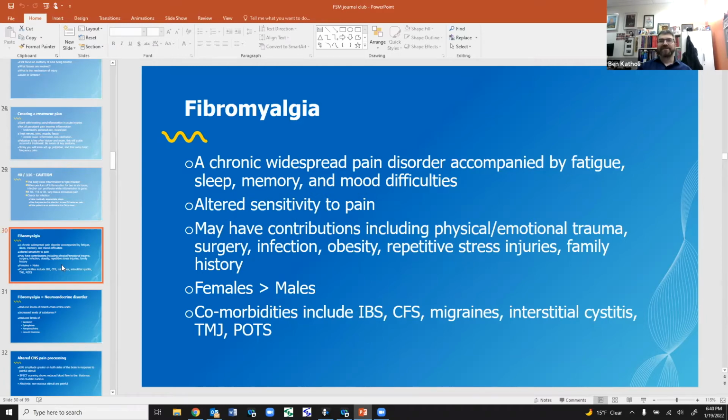And you know, just keep a broad differential, because there's a lot of things that contribute to physical symptoms of any type. With fibro, there's a broad number of triggers. So people will talk about physical or emotional trauma, and literally emotional trauma, like catastrophic loss, divorce, loss of a relative or a sibling, surgery, infection.